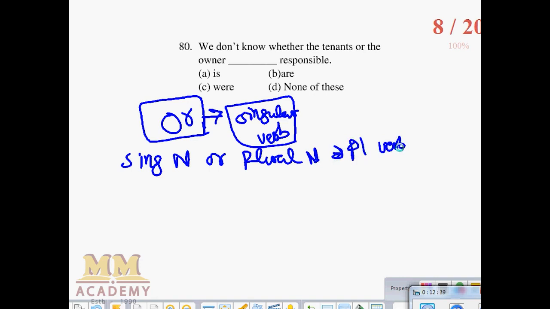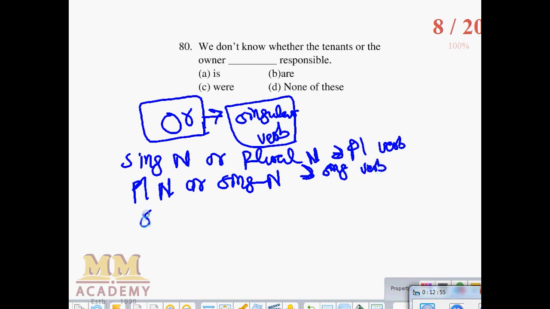If you have a plural noun and then "or," and then a singular noun, you have to use a singular verb. And if you have a singular noun, then "or," then a singular noun, then again a singular verb, right?